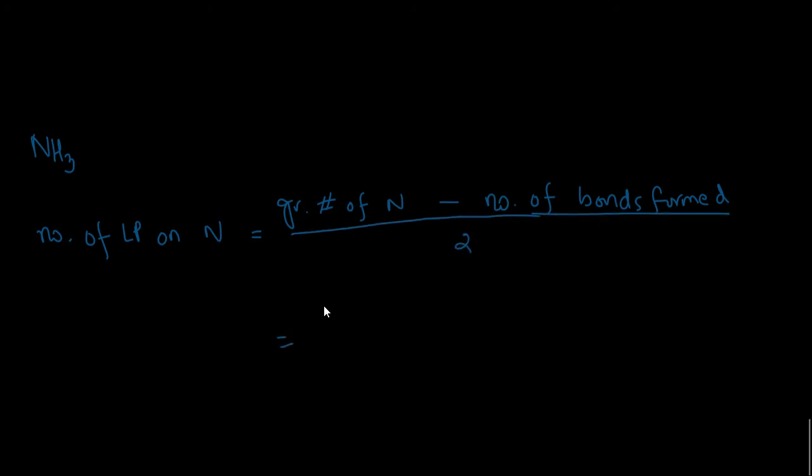So 5 minus the number of bonds formed, which is 3, divided by 2, is 1. So we have 1 lone pair on nitrogen.